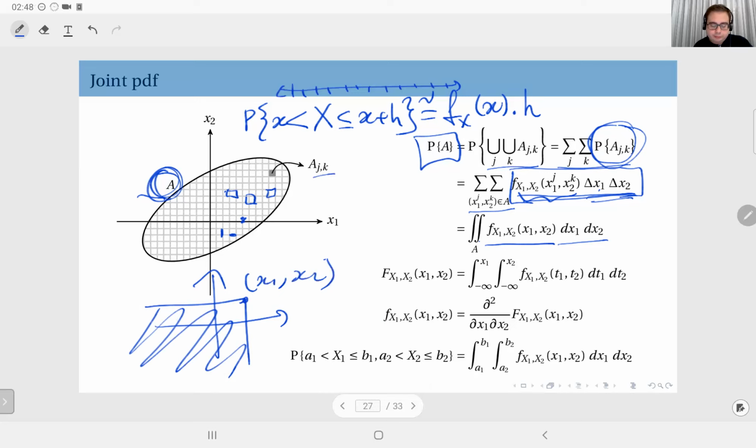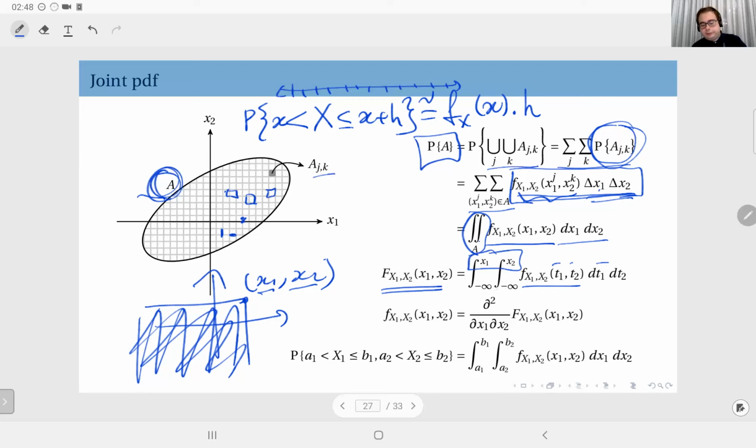In this case, this will be the event random variable X1 less than or equal to parameter x1, and random variable X2 less than or equal to parameter x2, which gives me the joint CDF of X1 and X2. So the area here is this region, and therefore this double integral will be from minus infinity to x1 and minus infinity to x2 of the joint PDF. Of course, I have used different parameters here so that I can use x1 and x2 in the integration limits.